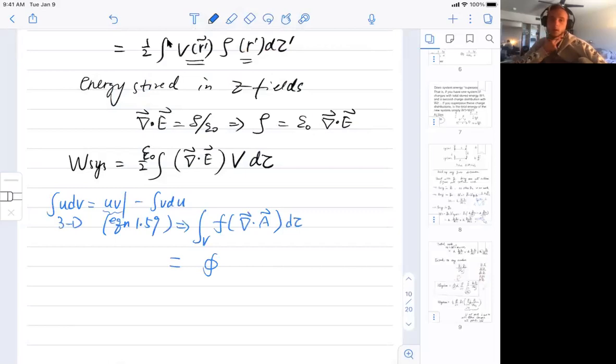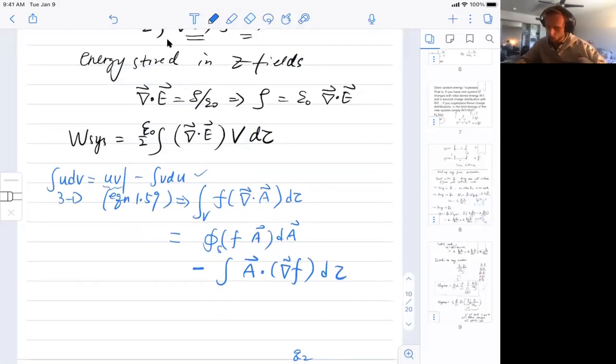So you have F times A dA, take the value at the boundary, F times A, so there is no dot, it's just multiplication because F is a scalar, and minus A dot gradient of F, so d becomes gradient. Okay, so because this is the 3D, d tau. You see, it's really similar to this.